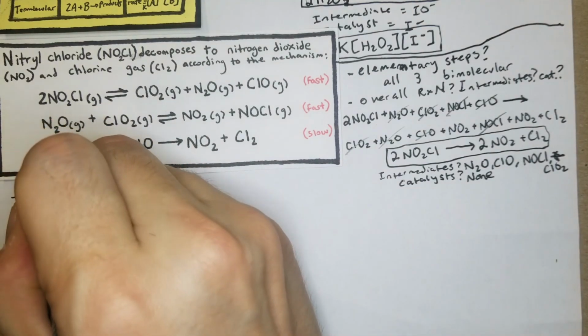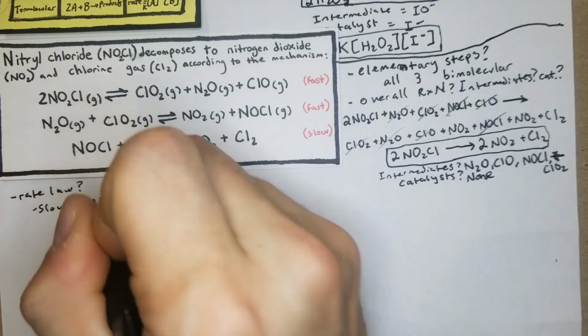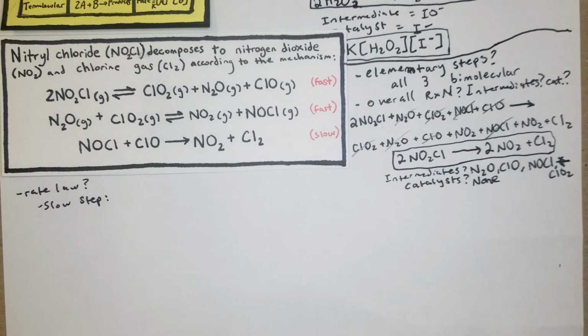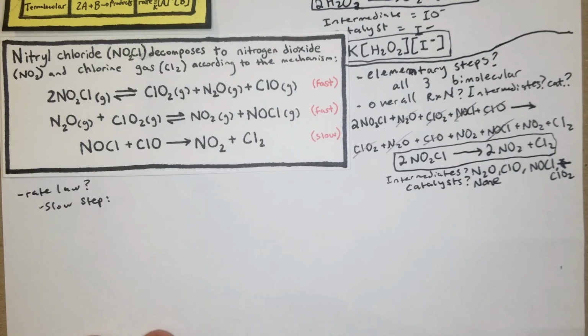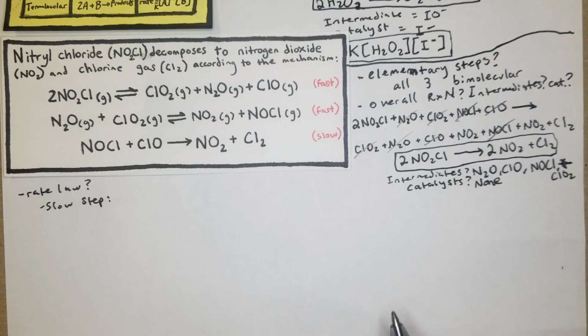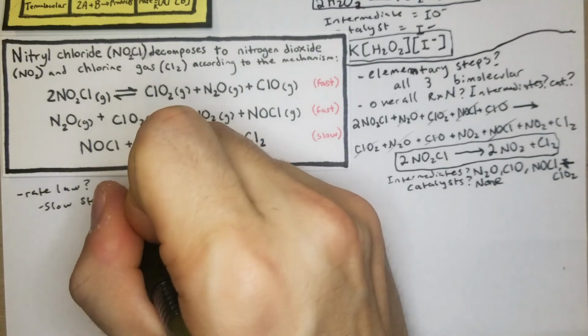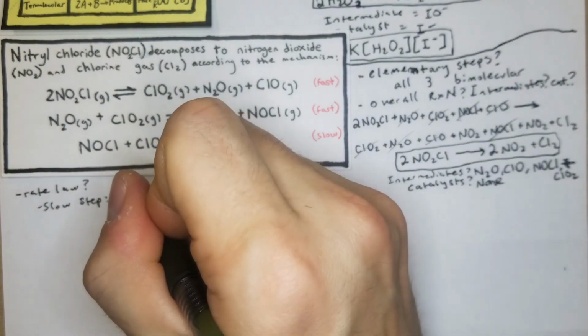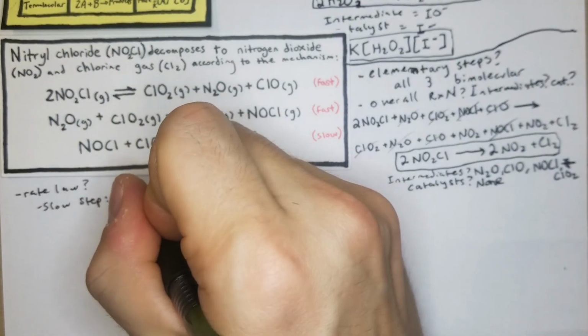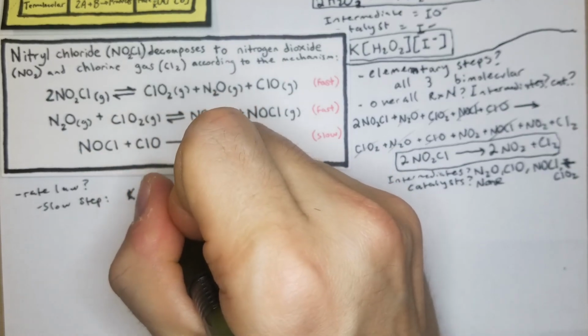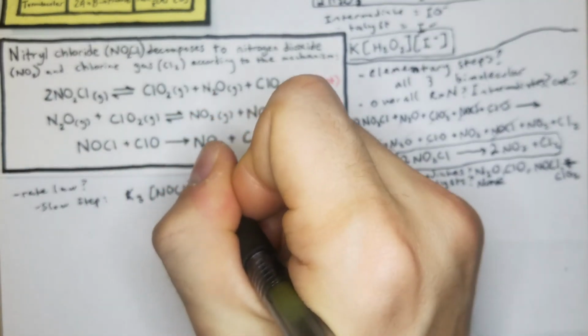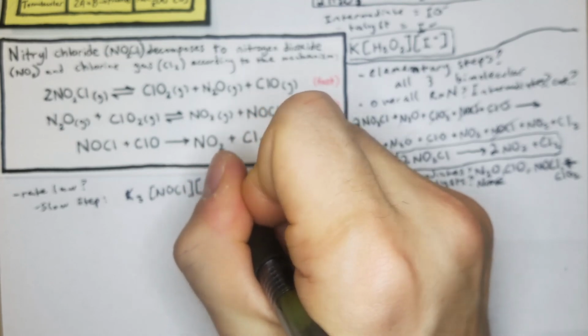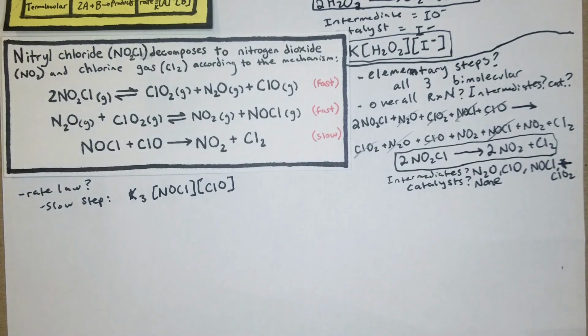You always start with the slow step because the slow step is always the rate determining step, and that makes the most sense that it would be involved in the rate law because it has the most impact on the reaction rate. Just like in a relay race, if you have 2 really fast runners and 1 really slow runner, the slow runner is going to have the greatest impact on how fast the racers go, what their time is rather.